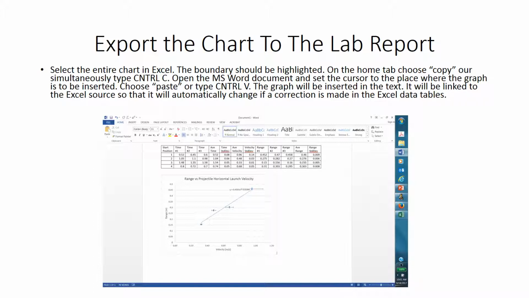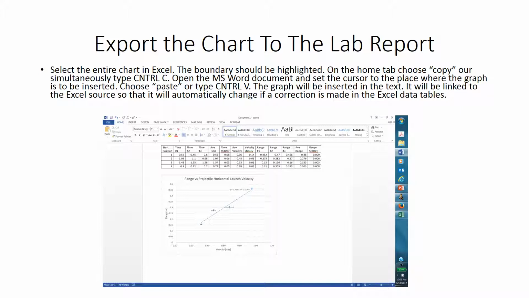To do this, click on the chart and verify that the entire boundary is highlighted. Then on the Home tab, select Copy or type Ctrl-C. Go to the Microsoft Word document, place the cursor at the location in the text where you want to place the graph.